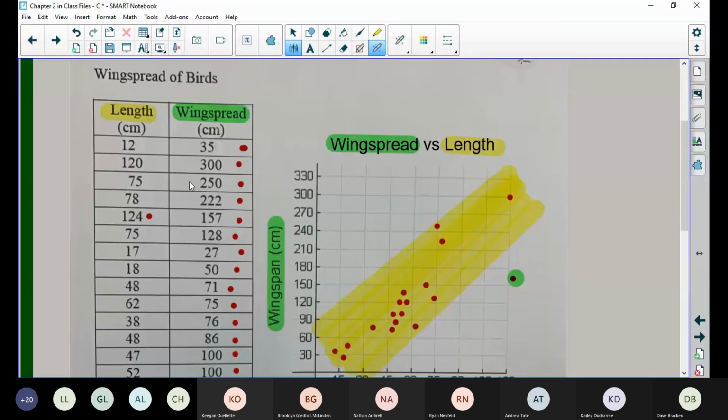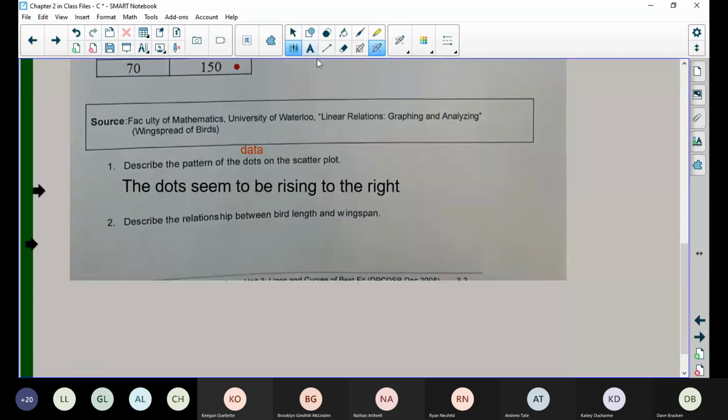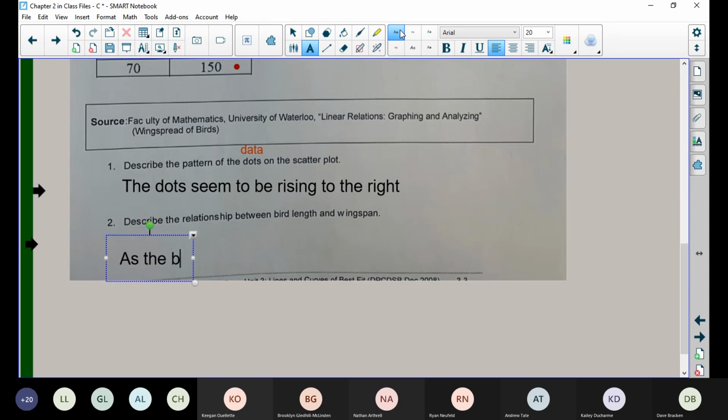And in this particular case, we always start off by saying, as the bottom variable, here, so as the bird's length, how tall the bird is, increases. It's always, always, always as the first one, the bottom one increases.